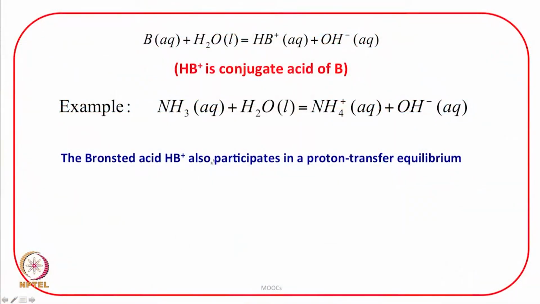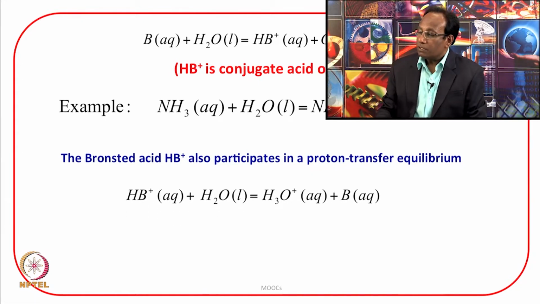Therefore, if we have an HB plus type of species in solution, which is a Bronsted acid, it can also participate in proton transfer equilibrium, as we can see in the next example. HB plus aqueous plus water forms H3O plus and B.